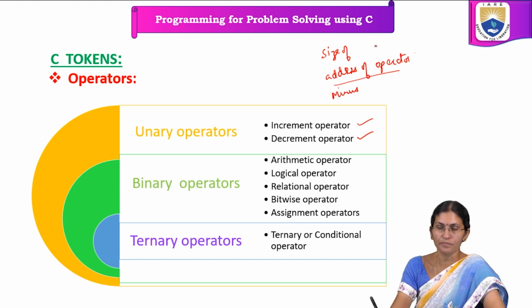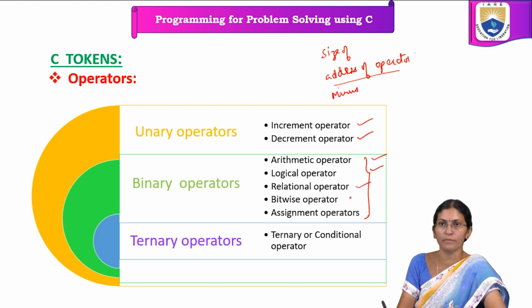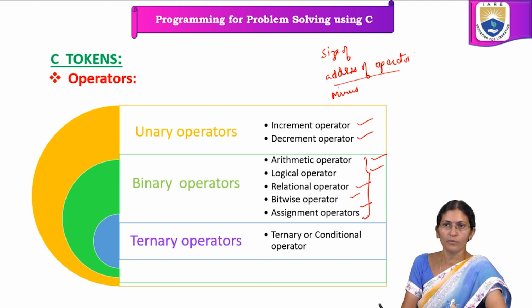Next, in binary operators, these are the different operators available: arithmetic operators, logical operators, relational operators, bitwise operators, and the last one, assignment operator. We will discuss them one by one in detail. Next is the ternary operator, whose other name is the conditional operator.